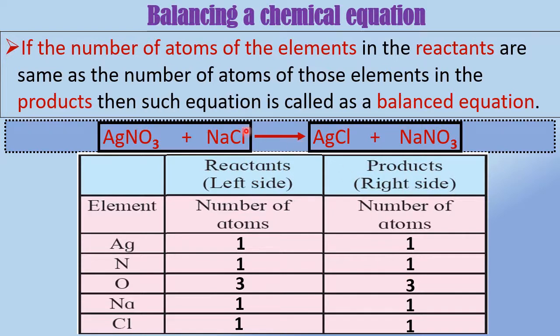Therefore, we can say here the given chemical equation is balanced. Now we know what is a balanced chemical equation.